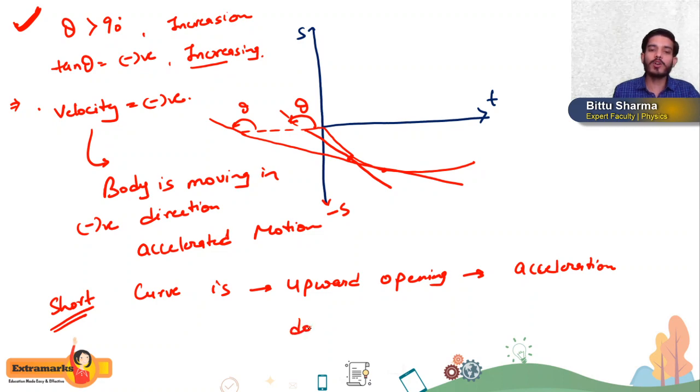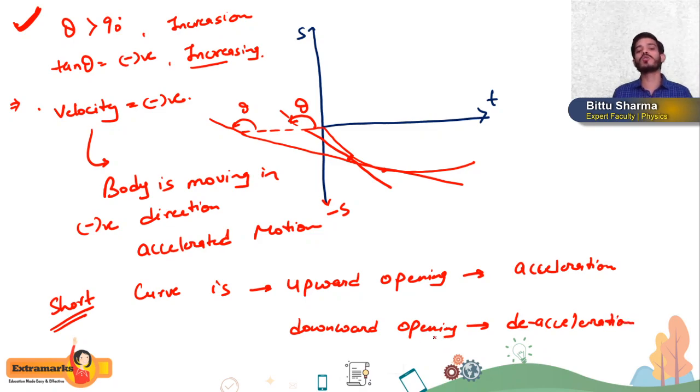If the curve is downward opening, then it is deceleration, or you can say retardation. I hope you are getting this, students.